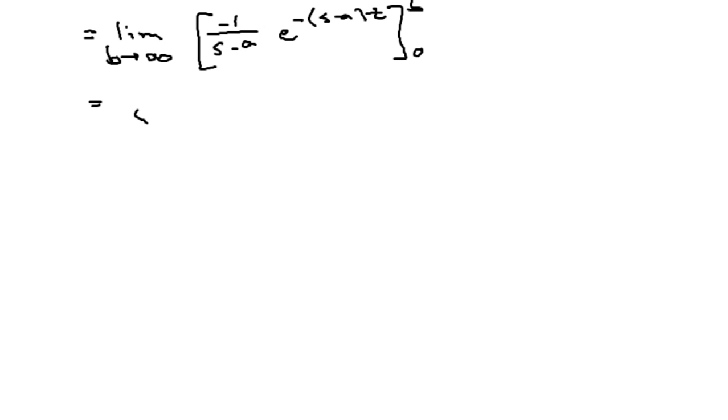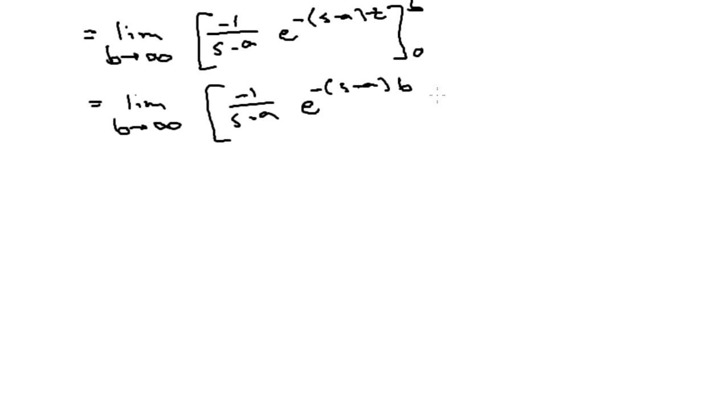Limit b approaches positive infinity. Then, substitute, evaluate nyo yung definite integral. It will be negative 1 over s minus a, sa t nyo siya substitute. So, it will be e raised to negative s minus a times b plus, so shortcut to na guys kasi minus times negative.